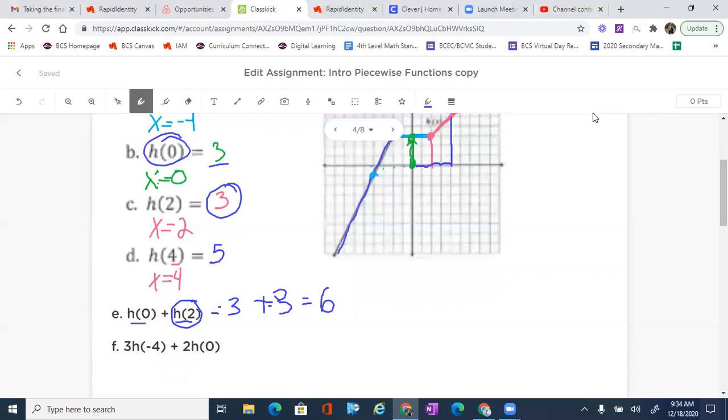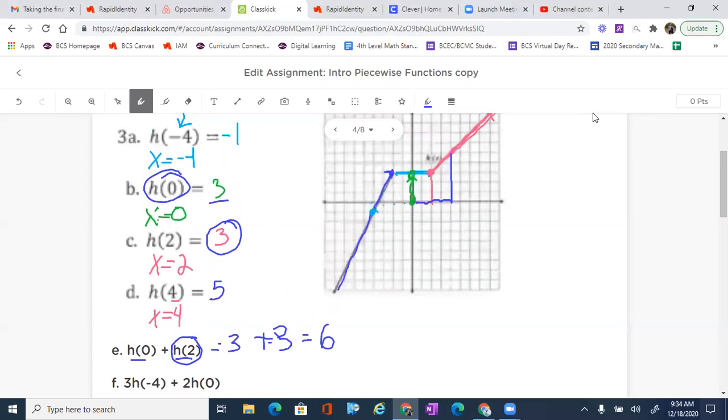Now, a little bit more complex, we throw in the same piece, but we're throwing some multiplication in there. You'll notice that it says 3 times h of -4. Yeah, there is multiplication in there. So when we do these problems, I have to know, well, what is h of -4? So h of -4 is one of the first ones we did, which we said was -1.